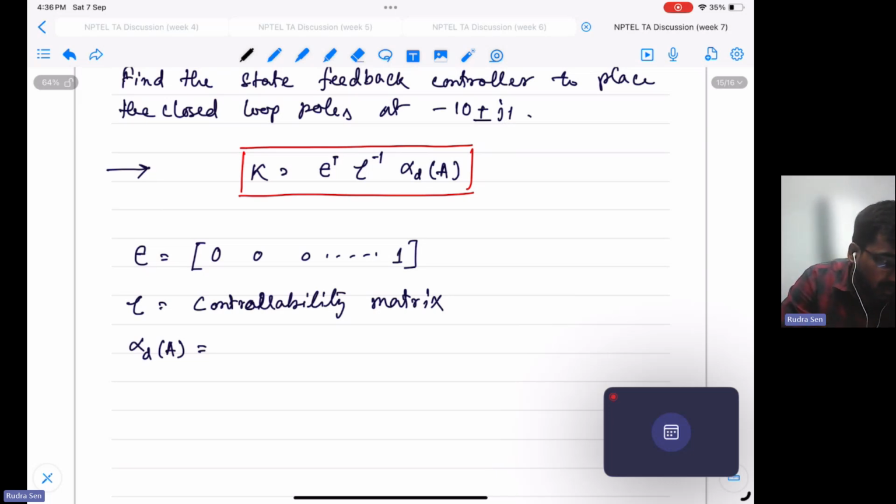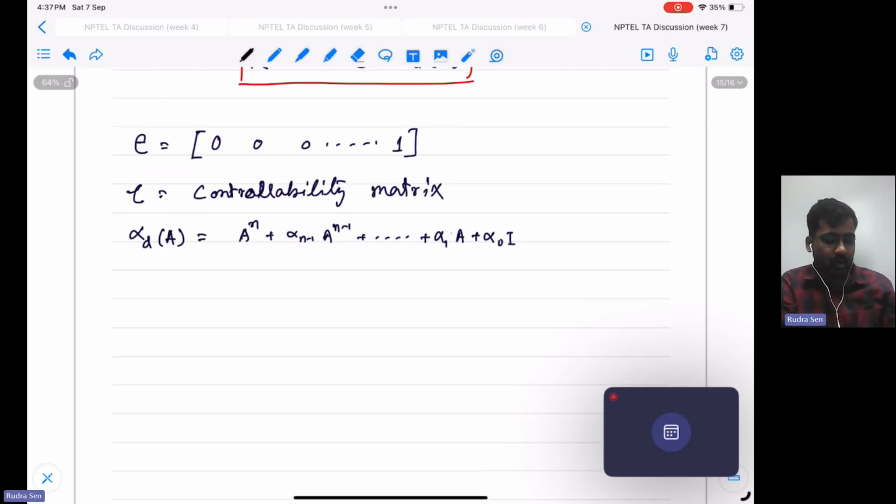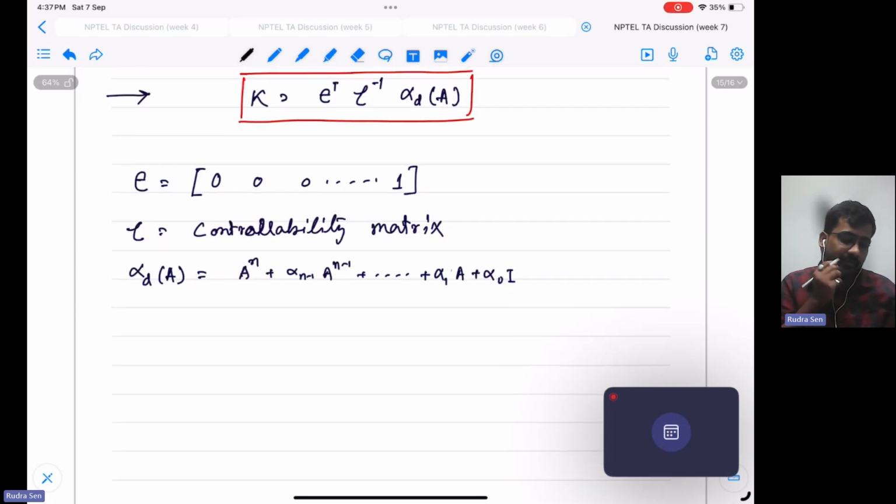So that is basically A to the power n plus alpha n minus 1 A to the power n minus 1 plus up to alpha 1 A plus alpha naught I, right? So this is alpha D. Using this formula, we will find out the design parameter of the system.